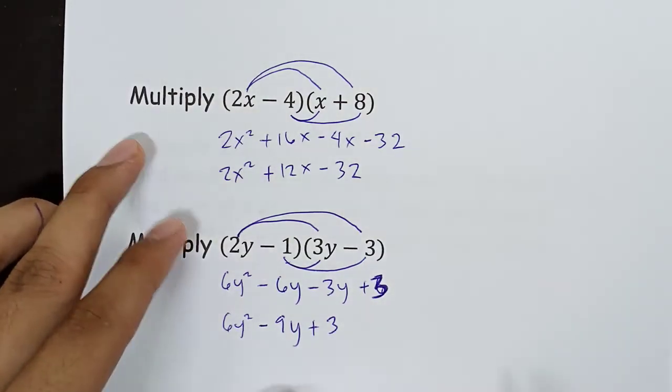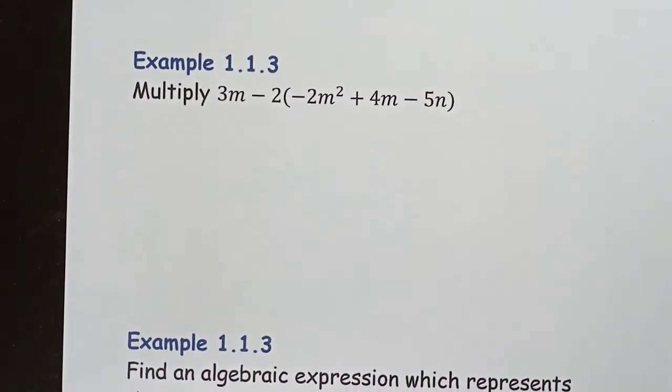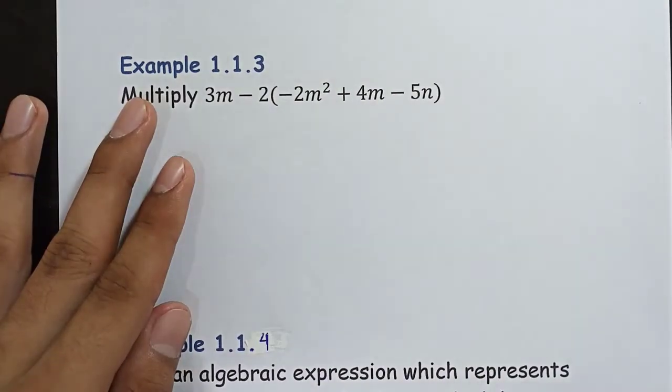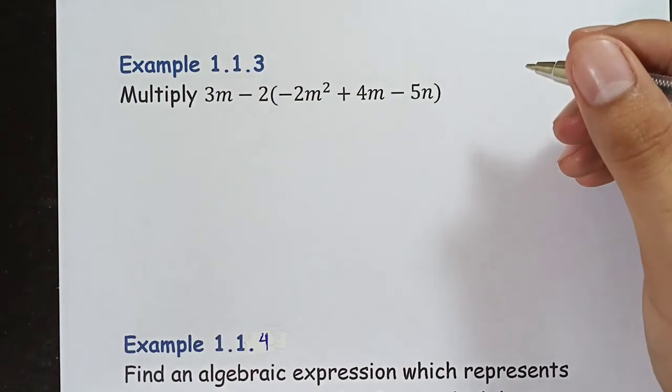So, let's continue to our example. We have example 1.1.3. Multiply 3m minus 2 to the quantity of negative 2m squared plus 4m minus 5n. In here, we can use the distributive property.